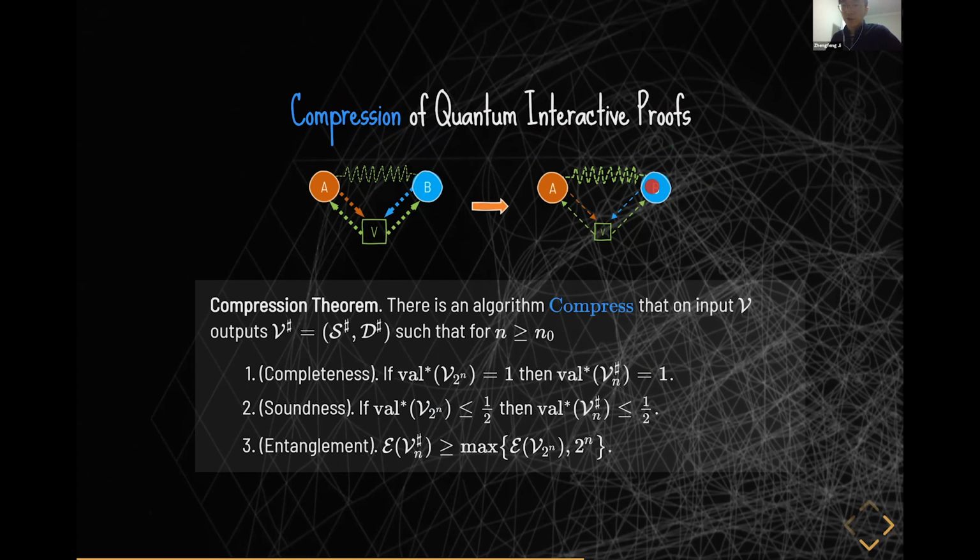Yes, you mean without communication between Alice and Bob, but where the verifier, instead of sending classical questions to Alice and Bob, sends quantum states encoding the questions. Even though these questions are quantum, it doesn't really help. It's the same set of languages they can prove. Right.